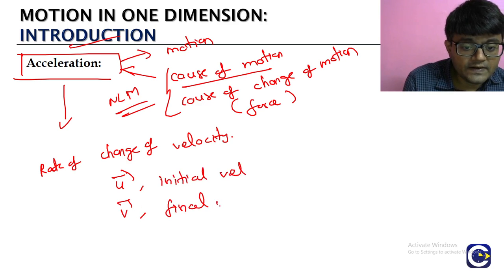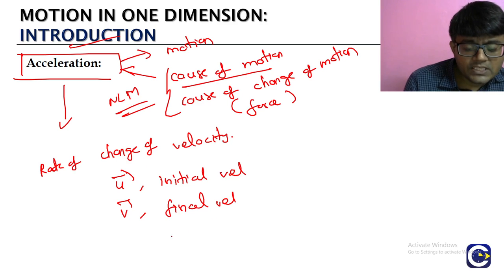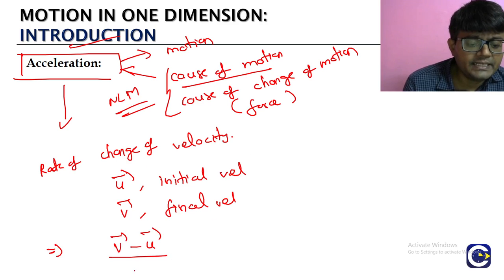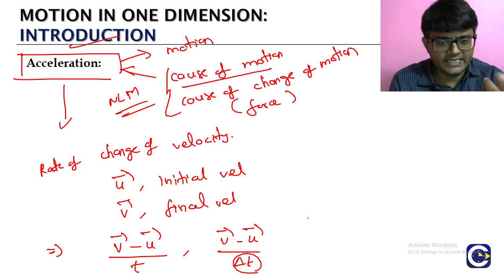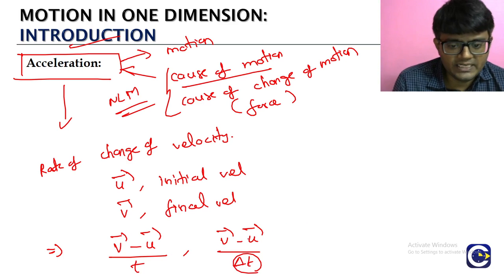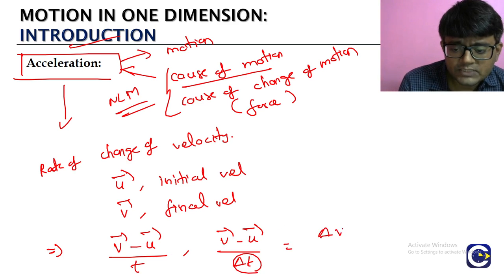The final velocity of the object. Then rate of change of velocity means what? Change in velocity, final minus initial, divided by the time taken, t. Or we can also represent this by delta t, change in time, like that we say. Okay, either t we'll put or we'll put delta t. Okay, now this can be also expressed as what?